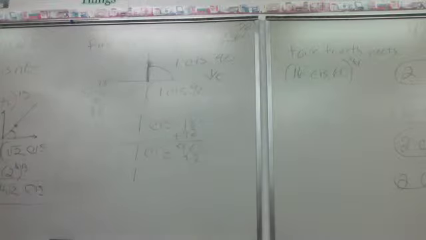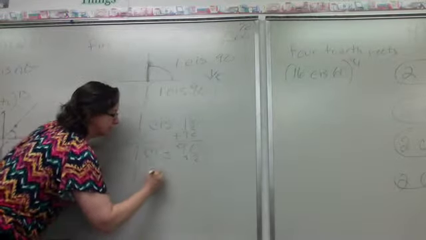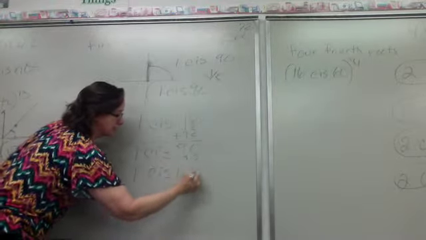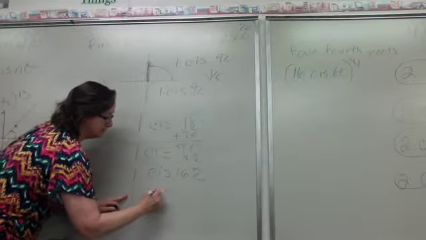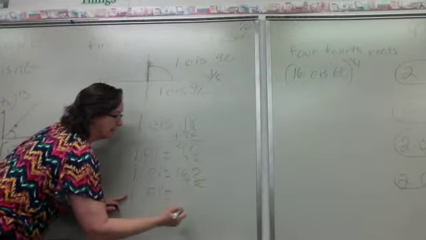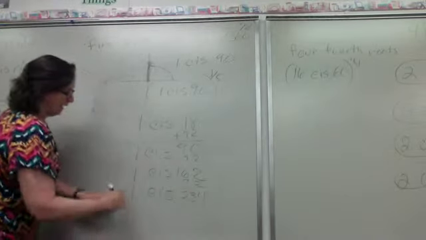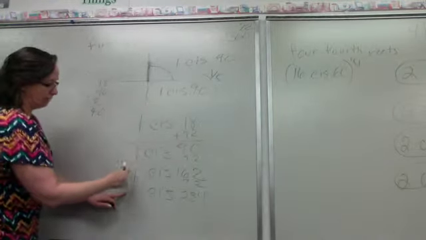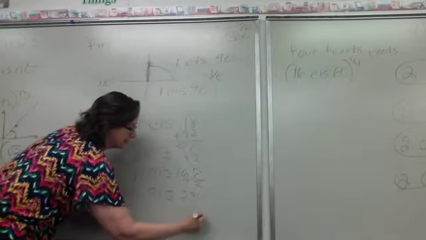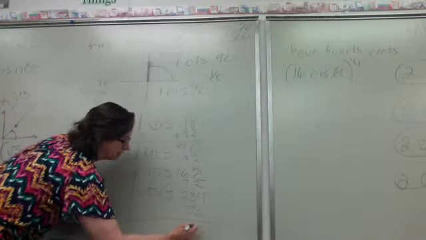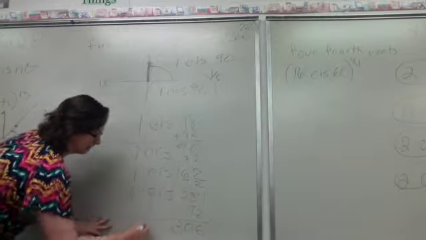1 cis 162. 1 cis what? 234. Okay, and then I've got 1, 2, 3, 4, and then I add a 72 again. And what do I get? 306.